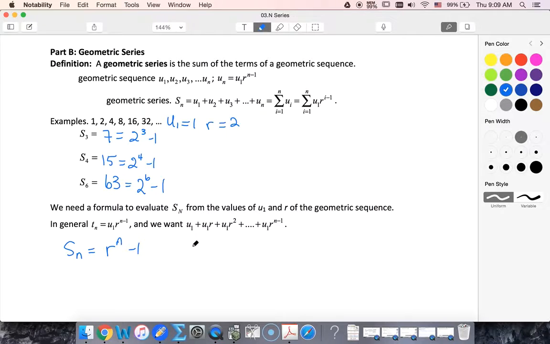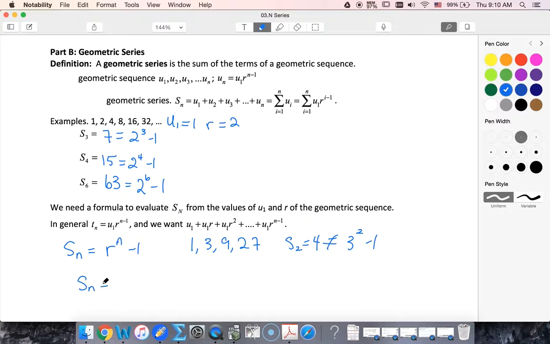So our hypothesis could be that S sub n is r to the n minus 1. But if I just look at the next common series of 1, 3, 9, 27, notice my S sub 2 would be 4, and 4 is not 3 squared minus 1. So that doesn't work. But these are the terms that I'm adding. Notice I could factor out my u1.